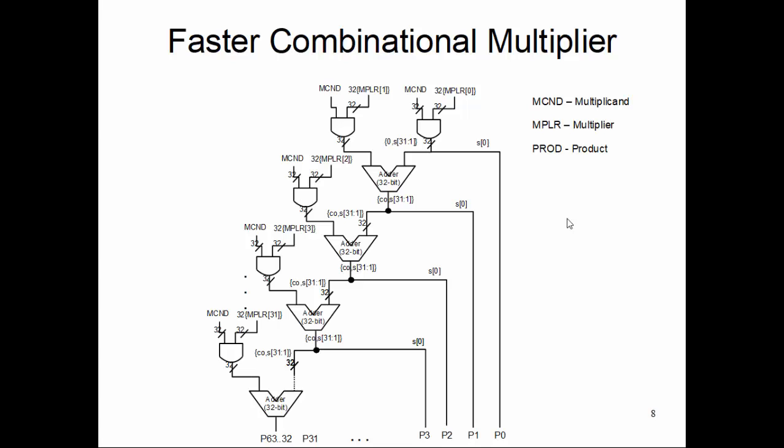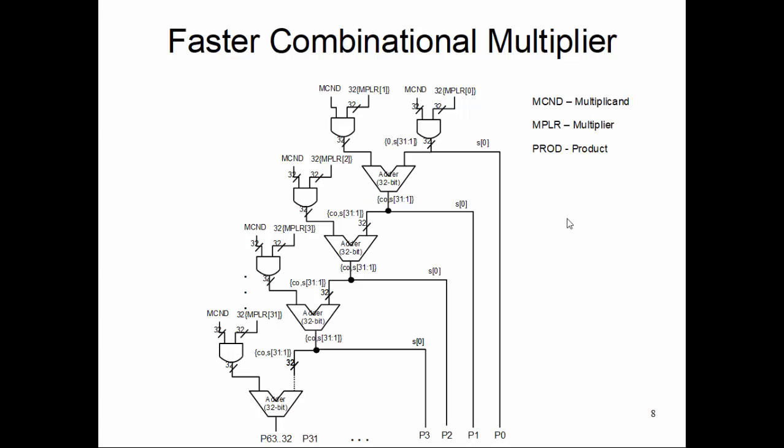What we are trying to do in this circuit is that instead of repeating the partial product calculation at each clock cycle, we are loop unrolling the whole thing and deploying 31 32-bit adders as hardware, increasing the hardware elements there.